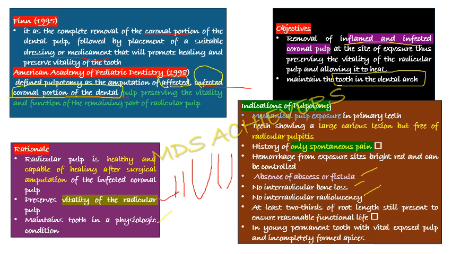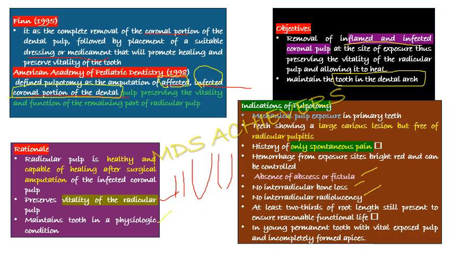And at least two-thirds of the root length still present to ensure a reasonable functional life, and a permanent tooth with a vital exposed pulp and incompletely formed apices. See, it is one of the treatments that is done. If we do the pulpotomy, so as to form our natural teeth, say suppose an 8-year-old child has an incident of some kind of damage to the teeth, and there is an open apex that is present.